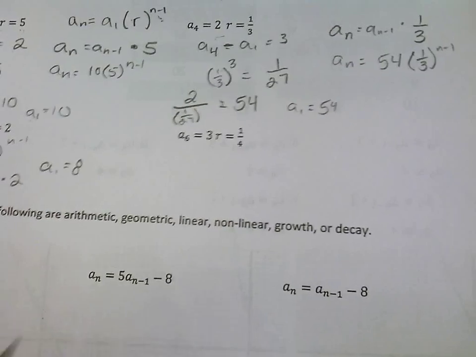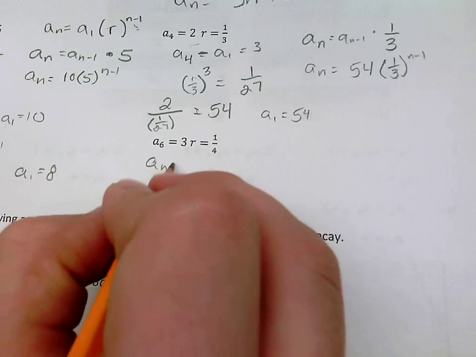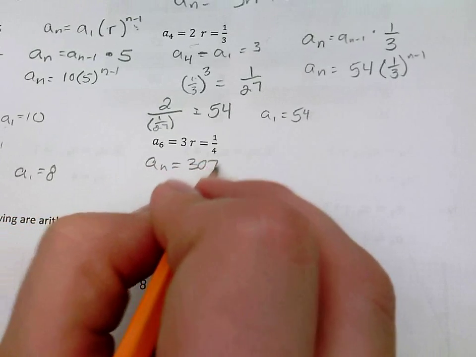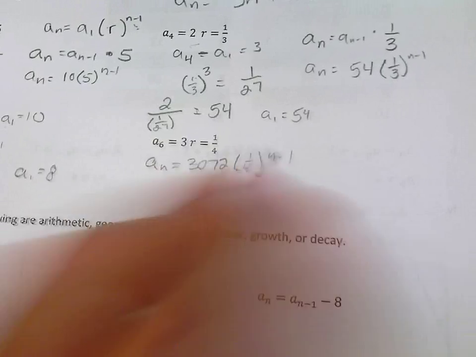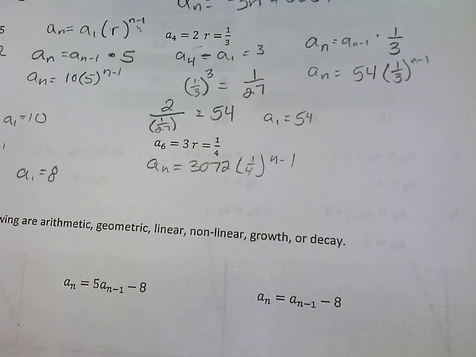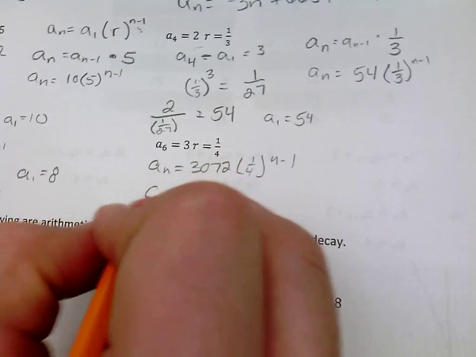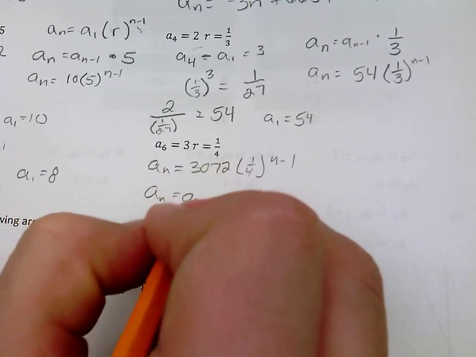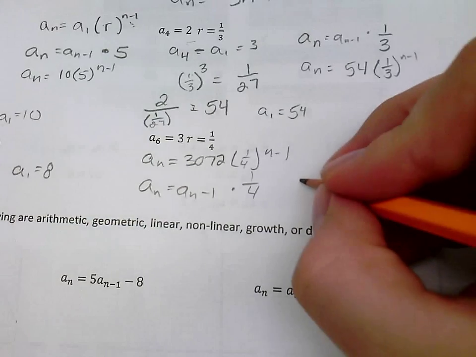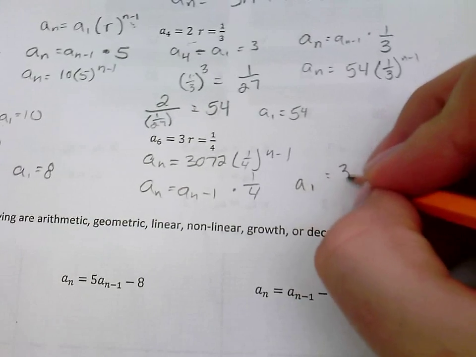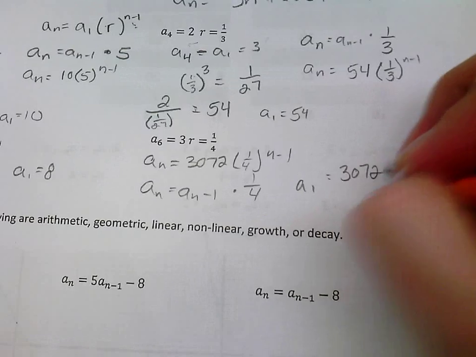This one right here, AN equals 3072 times 1/4 to the N minus 1 power. And the recursive is AN equals AN minus 1 times 1/4, where A1 is 3072.